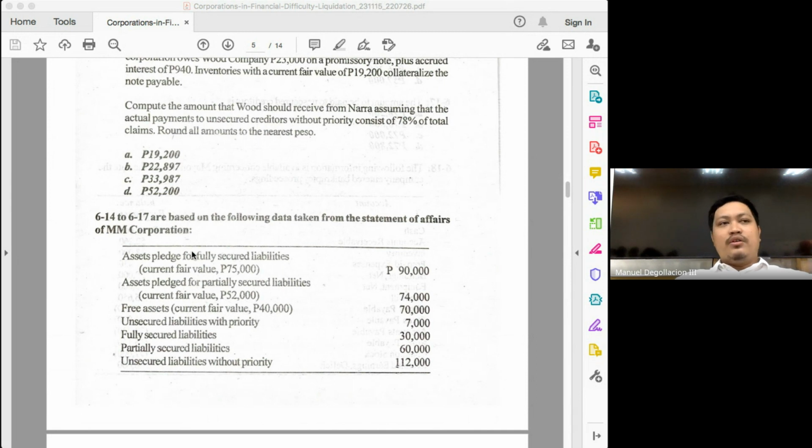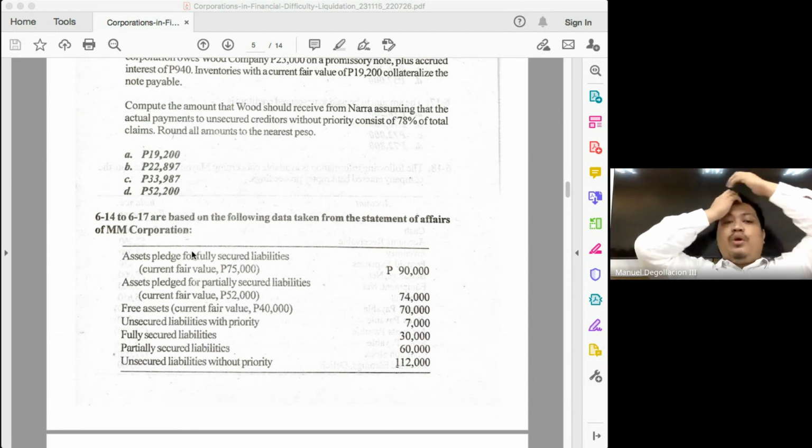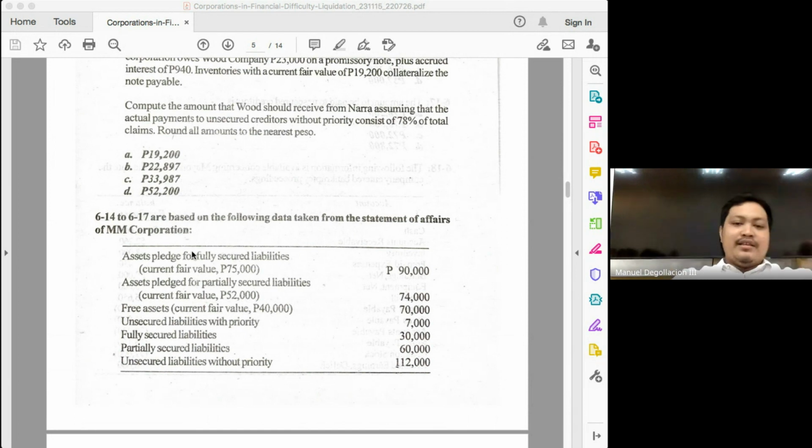Next, denominator, your total unsecured liabilities. But what's the one thing you have to remember, class? Add the unsecured portion of your partially secured claims. Okay, but let's begin with the unsecured liabilities without priority. How much is our unsecured liabilities without priority? 112. And then the next step would be to add the unsecured portion of the partially secured. Do we have a partially secured liability? Yes, 60. How much is the unsecured portion?